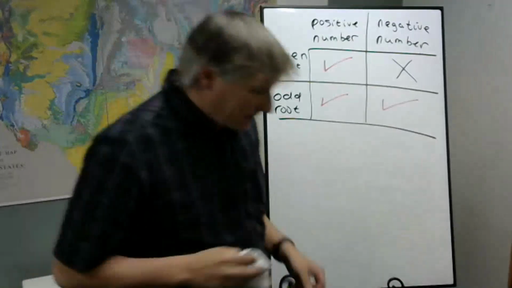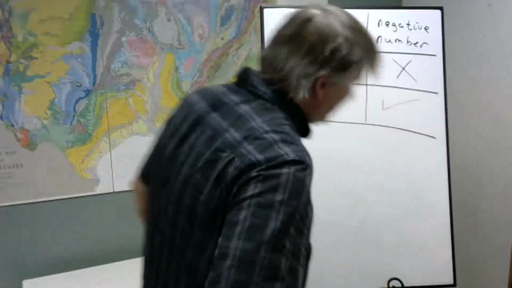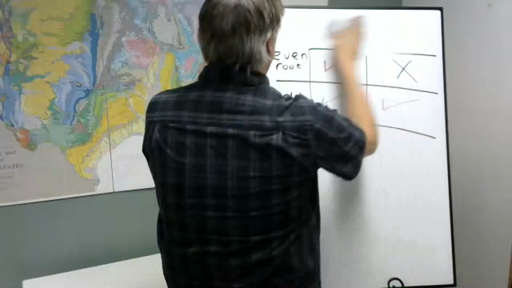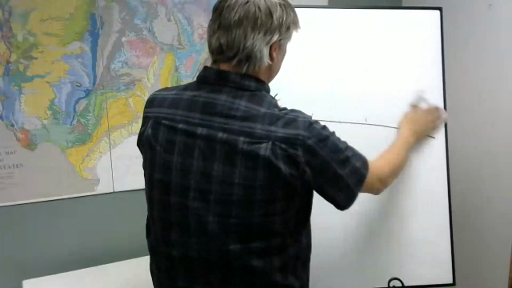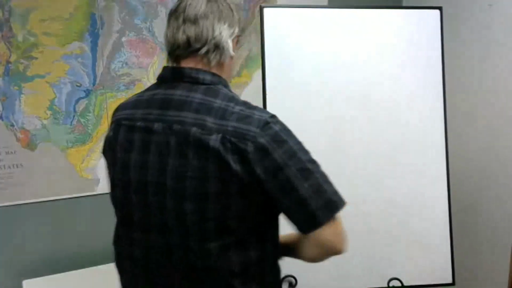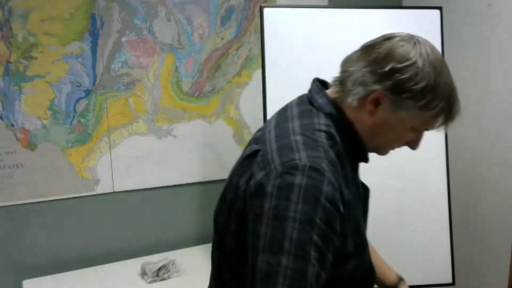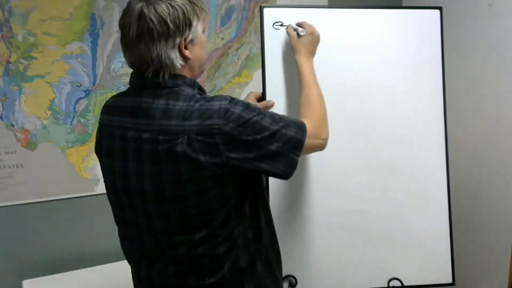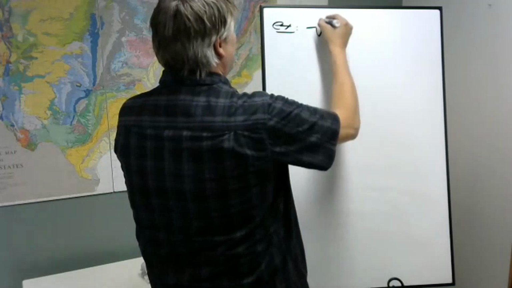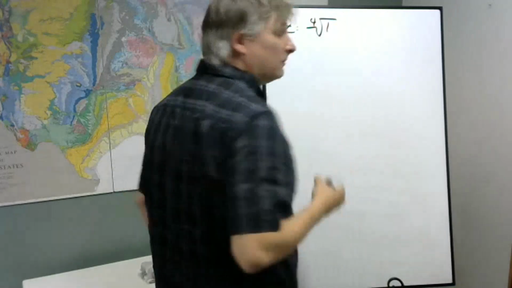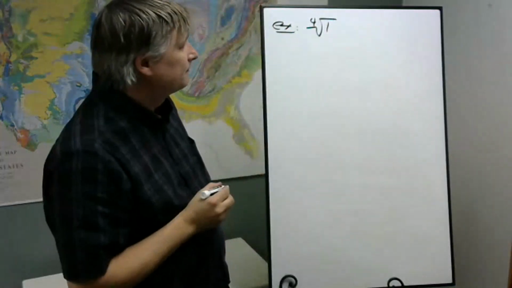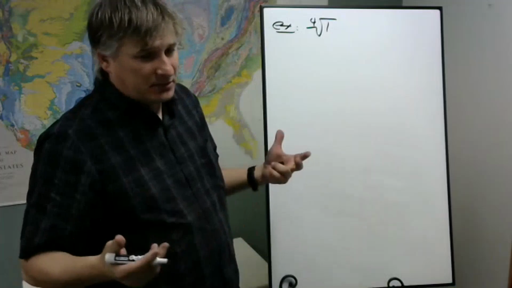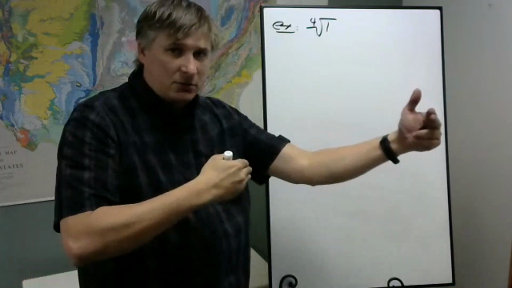So let's do some more examples. So let's say we have something like this. So let's say we want to find the fourth root of 1. Well, is there some number, and we have 4 copies of it in total.